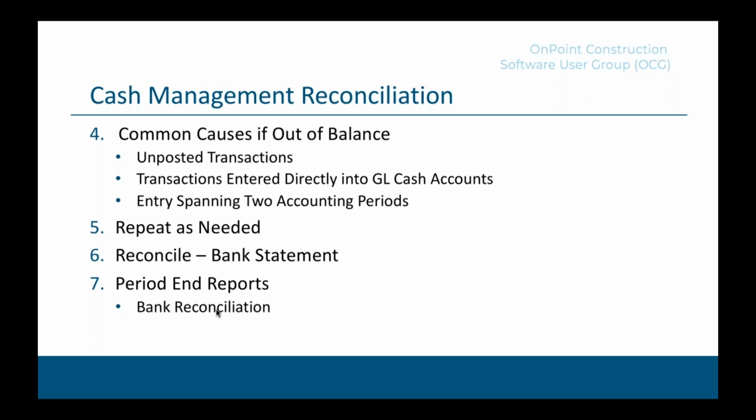If your beginning balance is different, you'd have your previous month's reconciliations that you could go back to look at, or you have the current one for the month that you are reconciling now to say what's been added to this report and be able to find it. And then you would just reprint your bank reconciliation because now that check or deposit or whatever is added to that report and it should be fine.